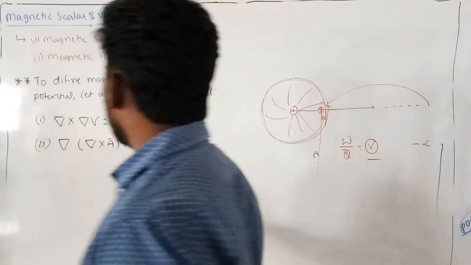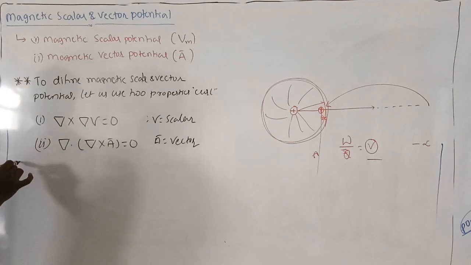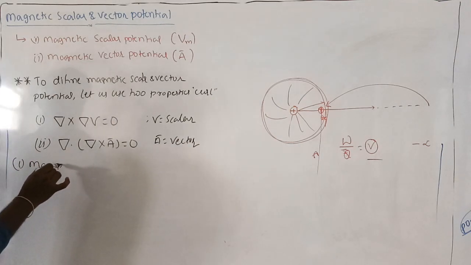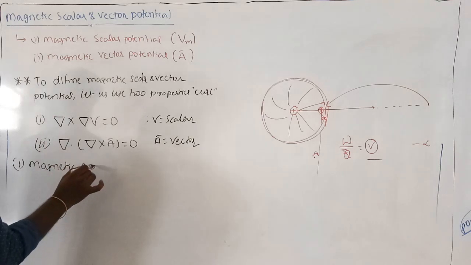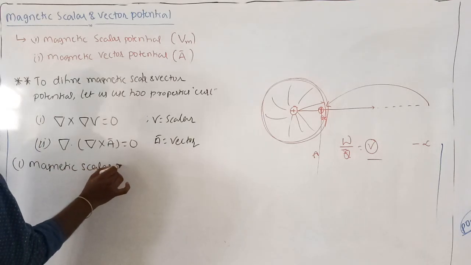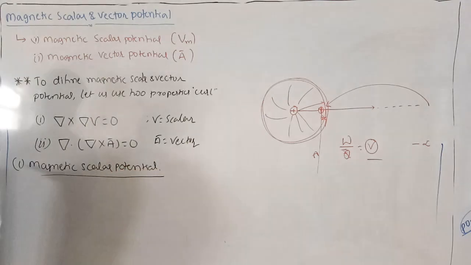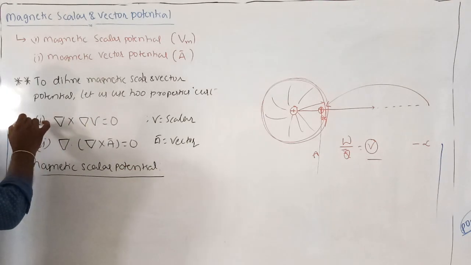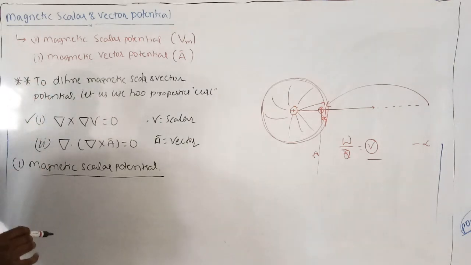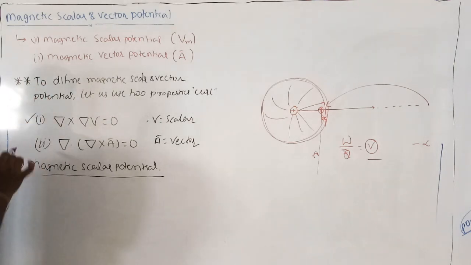Now, first is the magnetic scalar potential. This is property 1, and that is property 2.